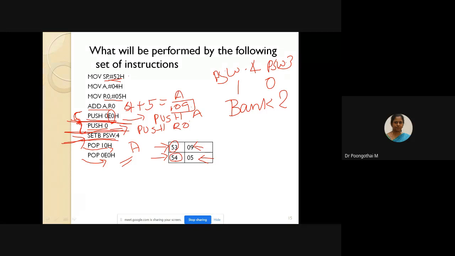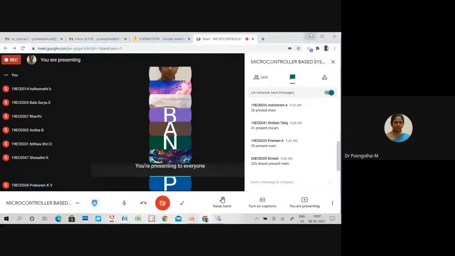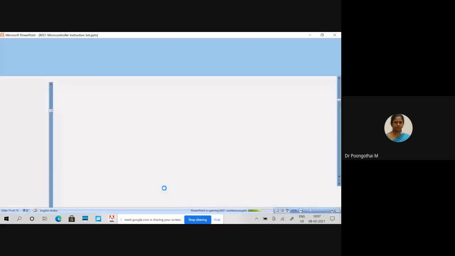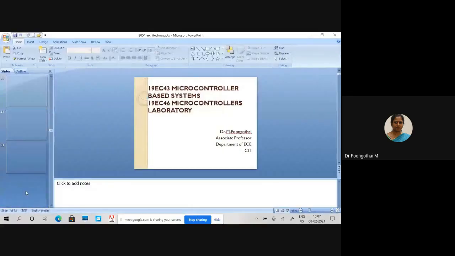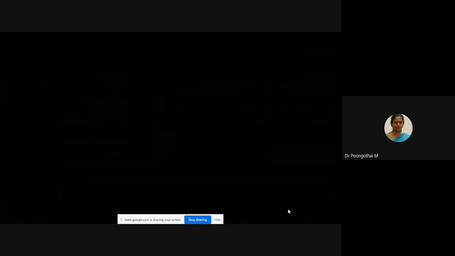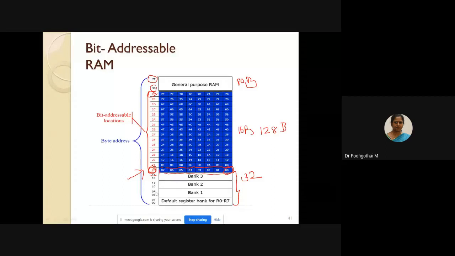Just look at this bank table. Bank 2 starting address is 10, end address is 17.